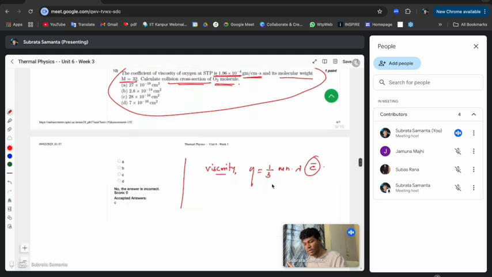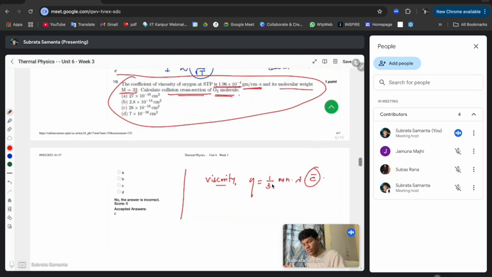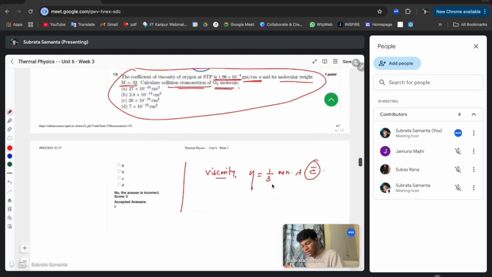We already calculated the c average for oxygen molecules, right? This is the temperature at STP, so 273 kelvins.